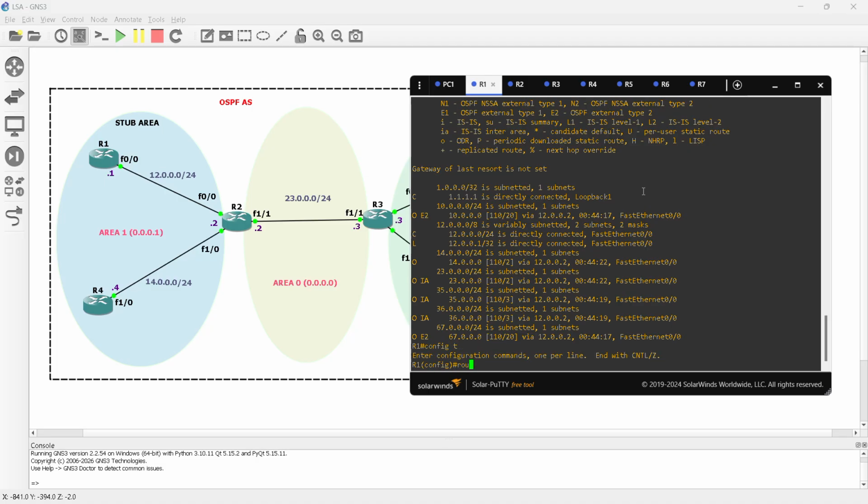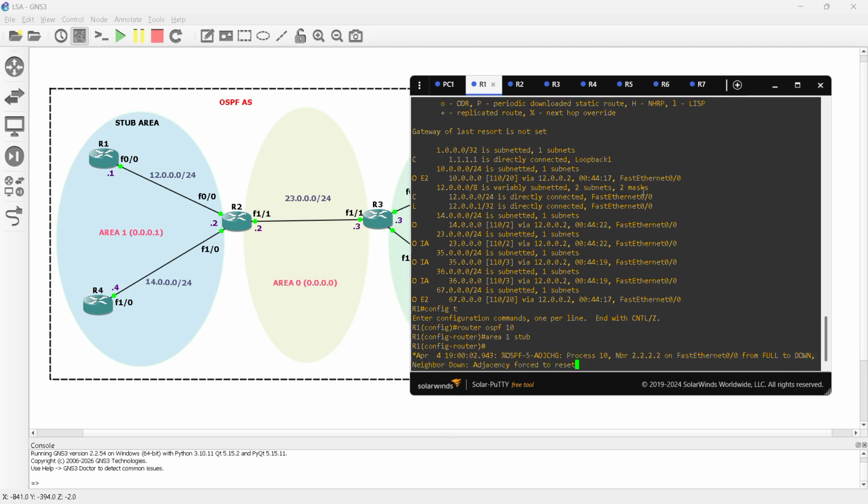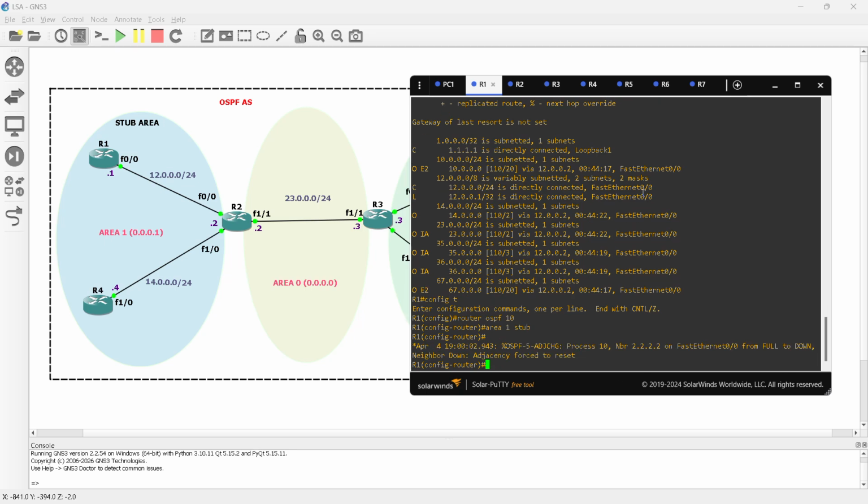config terminal, router ospf 10, and then we will say the command area 1 stub. And as we gave this command, as you can see, the adjacency with R2 gets reset due to the same reason.